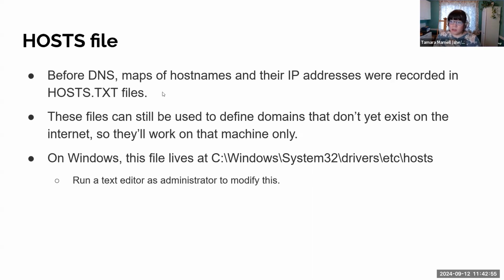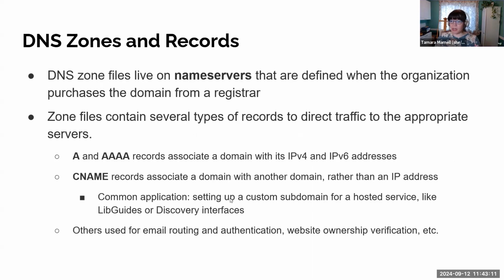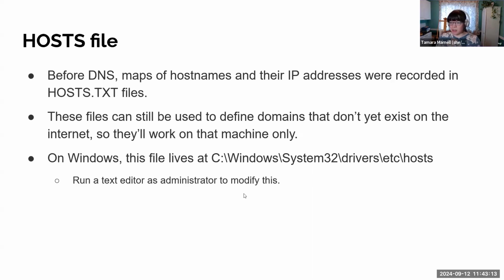And it can still be used to define domains that don't exist out on the internet, so they'll work on one machine only. On Windows, the file lives under System32 drivers, etc. hosts. Make sure you're running a text editor as an administrator when you modify it. I thought I had put an example in there, but you can see it on the lesson page of what that host file looks like.